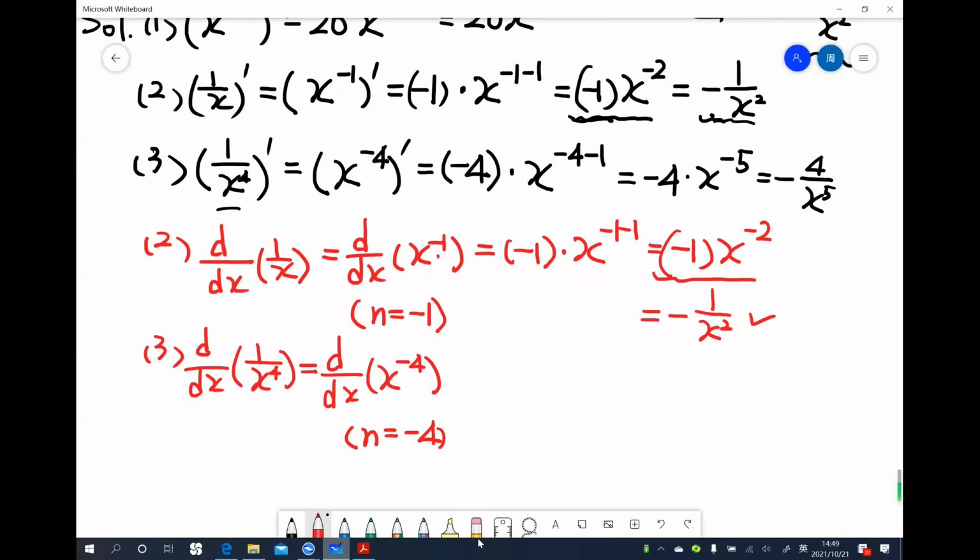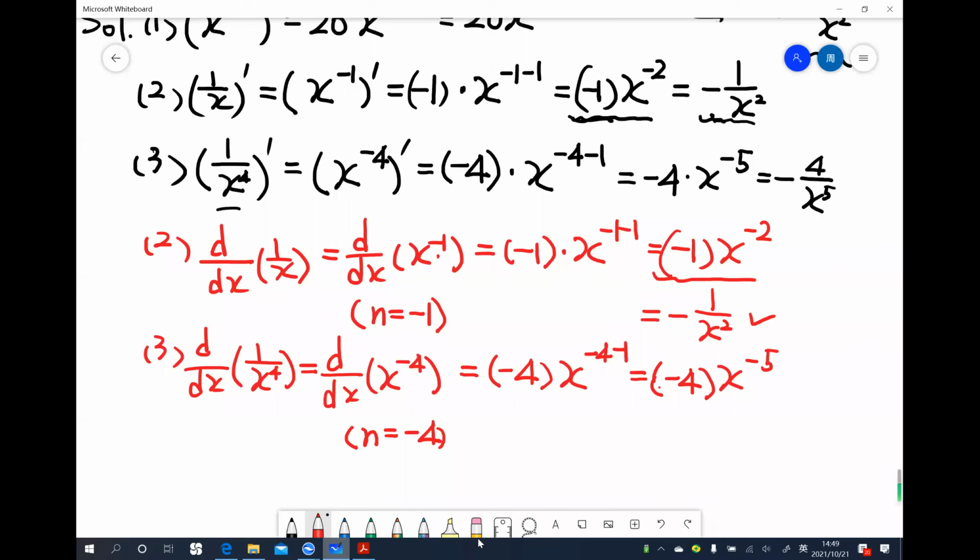So that equals minus 4 times x power minus 4 minus 1, that equals minus 4 x power minus 5.